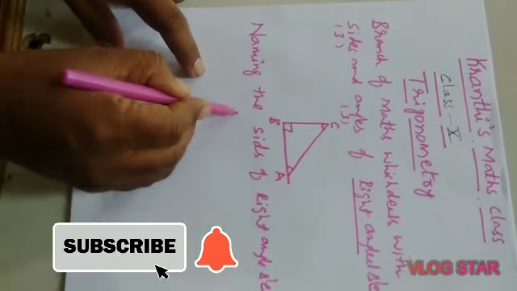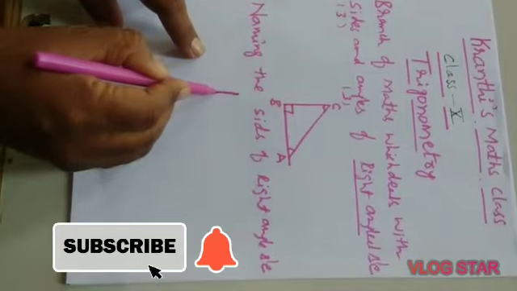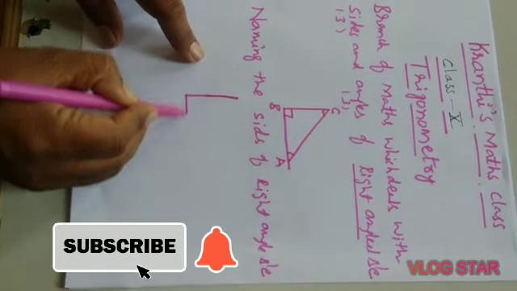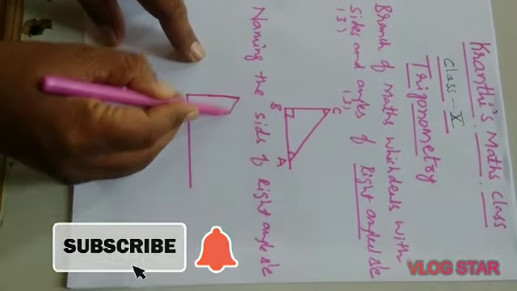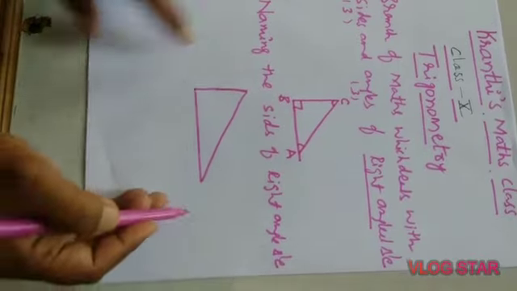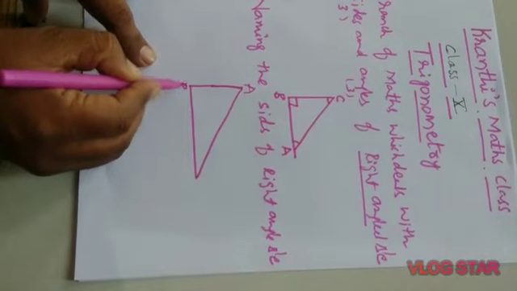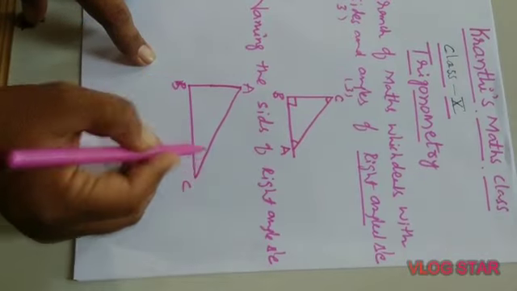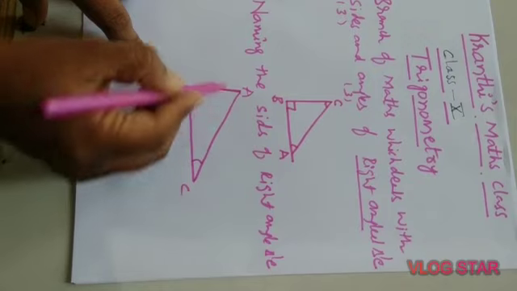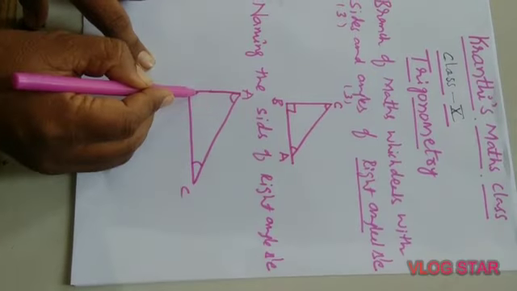For example, we can draw another right angle triangle with vertices A, B and C, where angle B is the right angle.